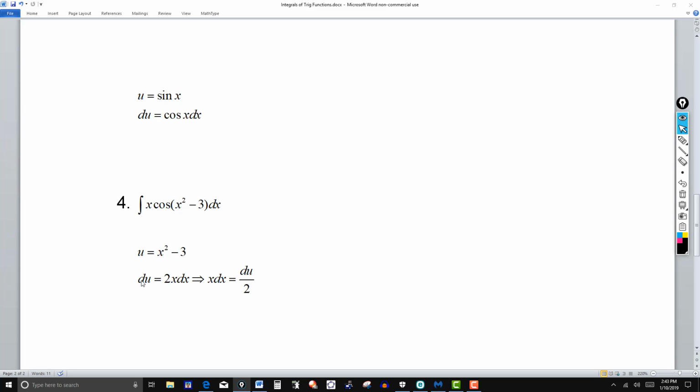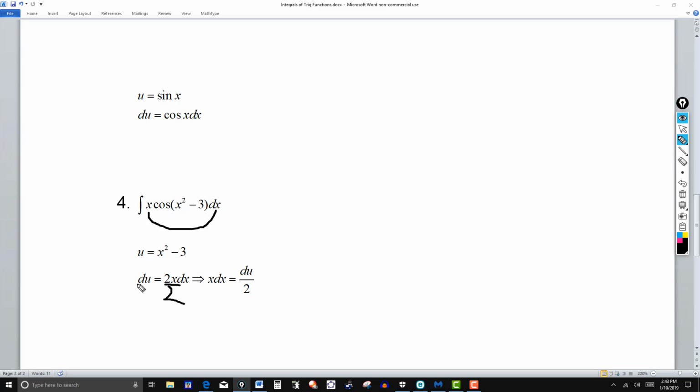And then solving for x, or in this case, I'm solving for, doesn't really matter how you do it here, but here I solved for x dx, by dividing both sides by 2. This cancels out.